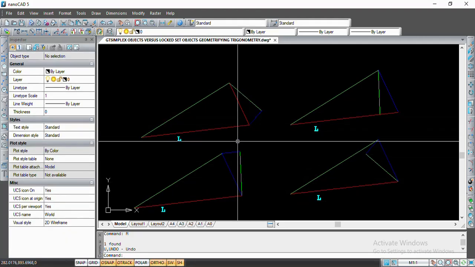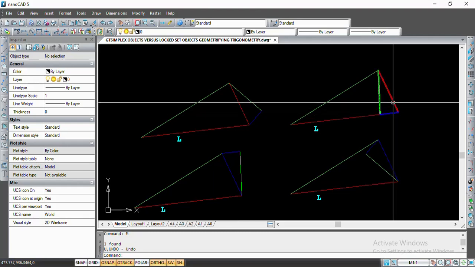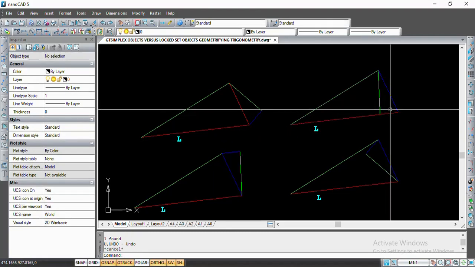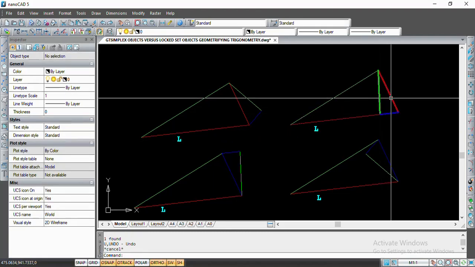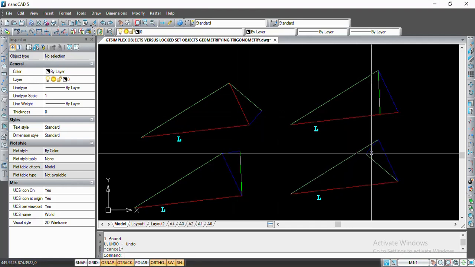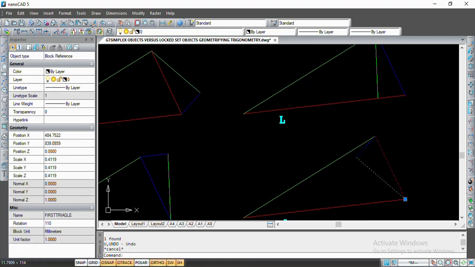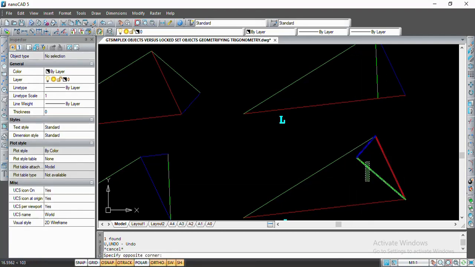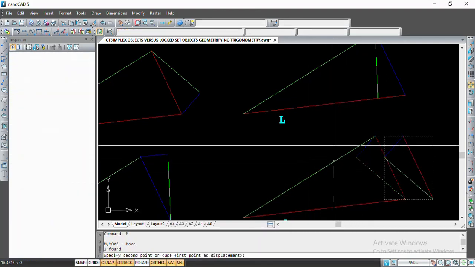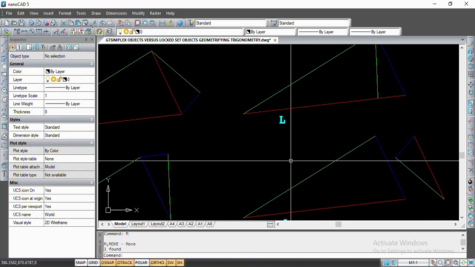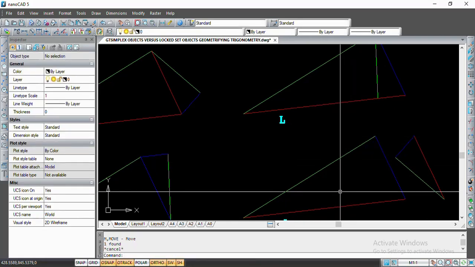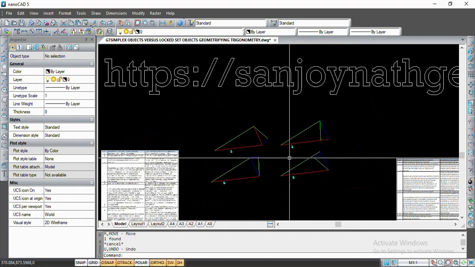So the length of all these blue lines in the output line segments is the same every time, but the positions are very different. In the fourth symmetry, you can see the blue line is here, which is not the same as that of the others, and so for every different case these blue lines are going to different positions.